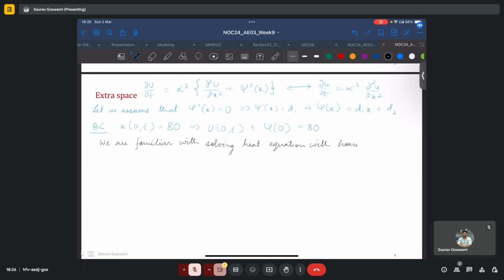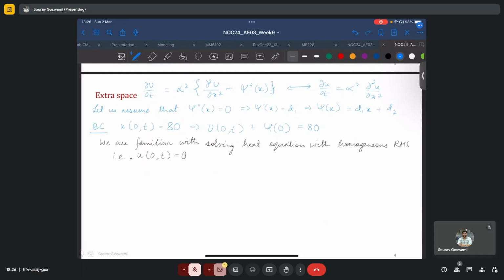It's a homogeneous RHS, that is U at 0 comma t is 0. But in the present case, we have an RHS of 80.